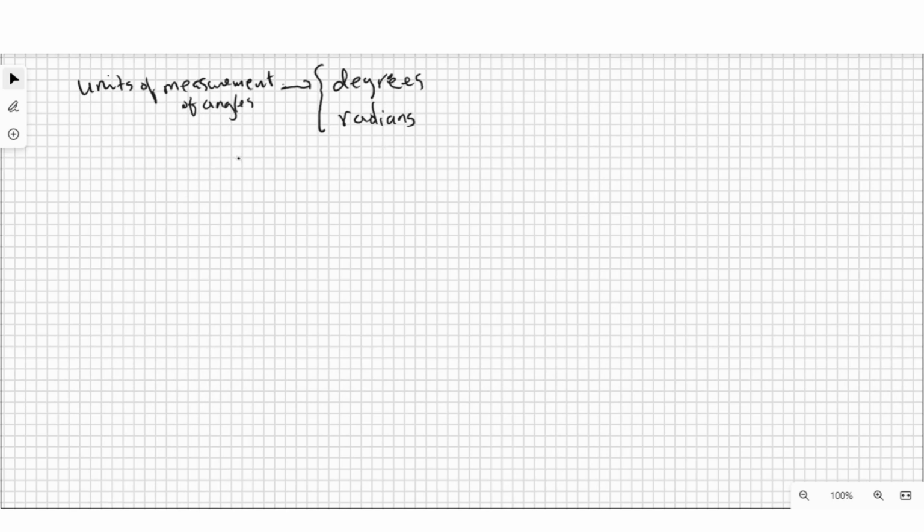So let's see what a radian is. If I had a unit circle, if this is the center and this is R, this is also R, which is the radius. If the length of this arc is also R, then this angle subtends this arc.